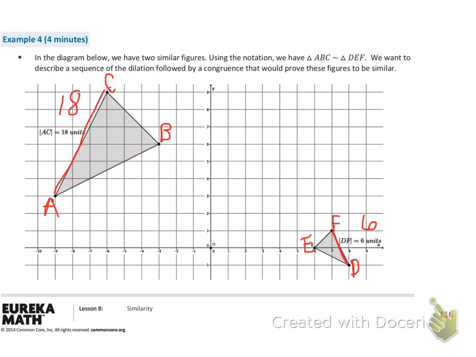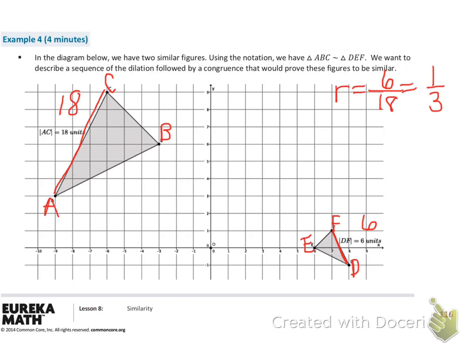I want to first make these the same size, and then I can define some rigid motions that would map them onto one another. So my scale factor R is going to be the dilated length, which is 6, over the original length, which is 18. If I simplify that, I see that my scale factor is 1/3.